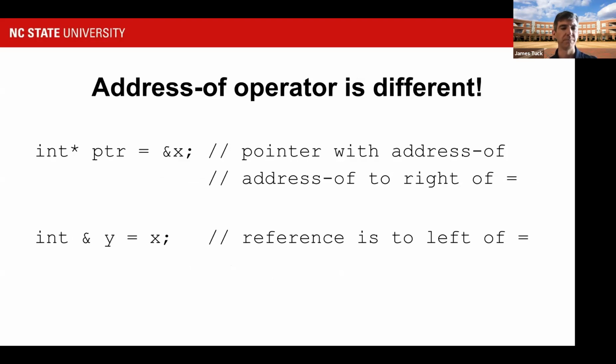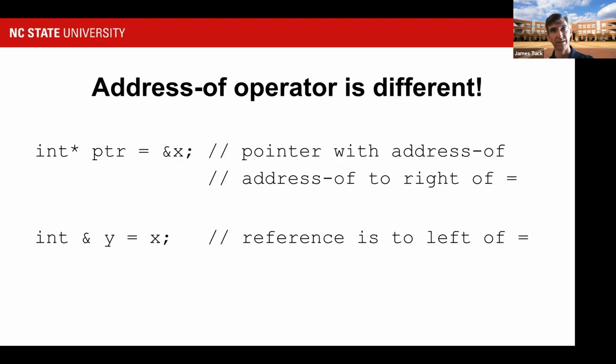Okay, and just to emphasize the difference in notation between references and pointers, right? If I wanted a pointer in the C language or in C++, I would do it like this. I would put a star next to the variable name, and then I would set it equal to a variable I take the address of. Notice here, the ampersand is on the right side of the equals, not the left.